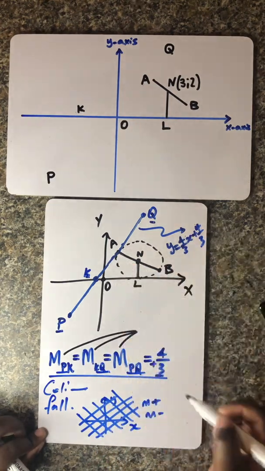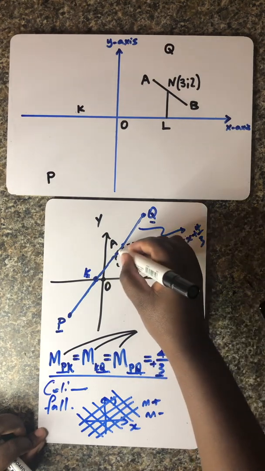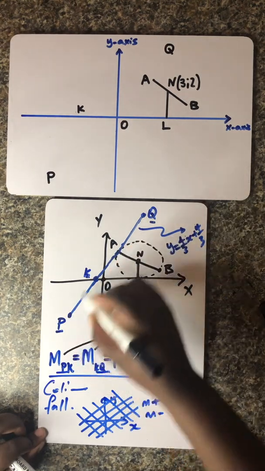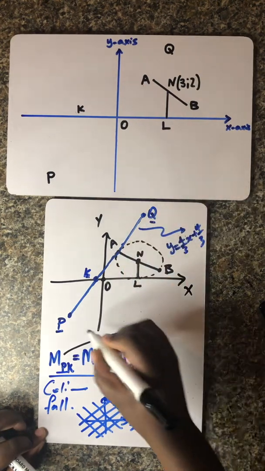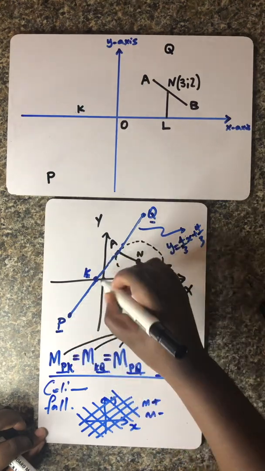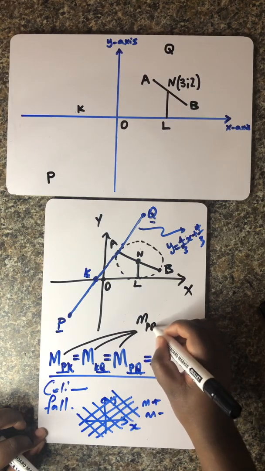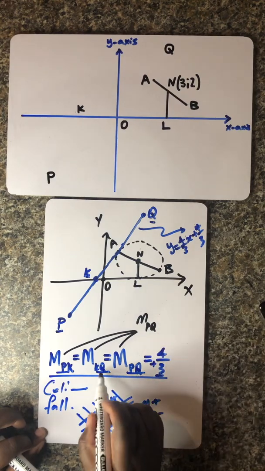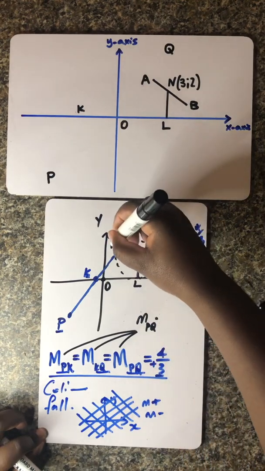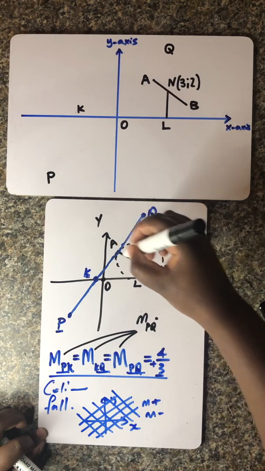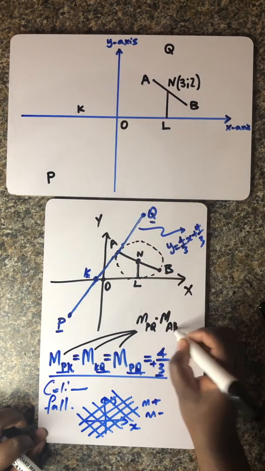At that point, ladies and gentlemen, this is a point where that line and the radius are perpendicular, of which the gradient of this line, let me just say, of PQ, when multiplied with the gradient of AN or AB, let me just say the gradient of AB.